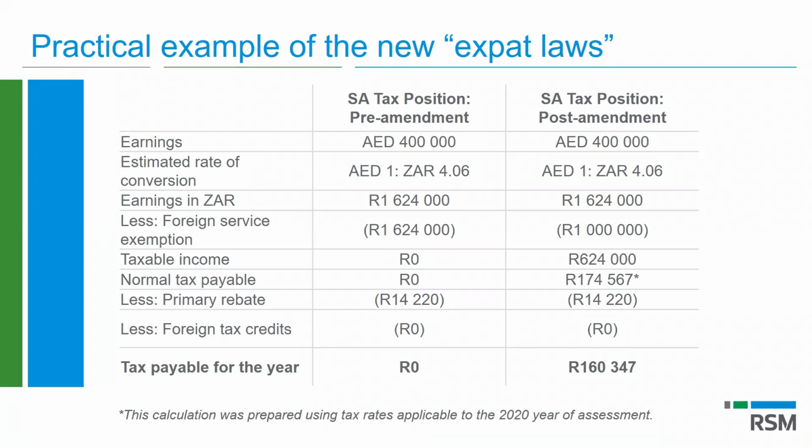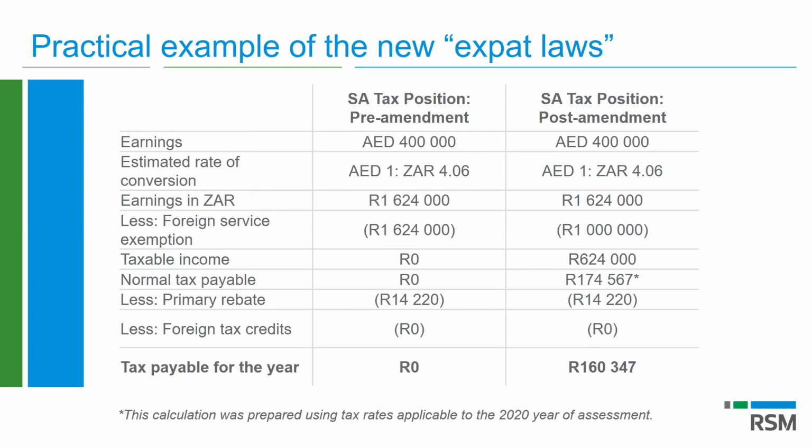So it's quite clear that Miss X in the scenario will now have taxable income of just over 600,000 rand, which after applying the indicative 2020 tax tables, she will have a tax liability. If you put yourself in this taxpayer's shoes, you're suddenly going to be out of pocket to the tune of approximately 160,000 rand.